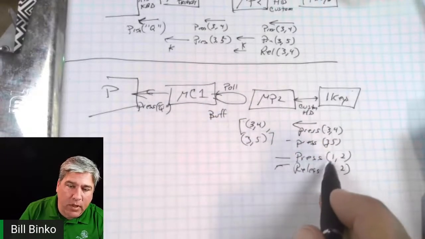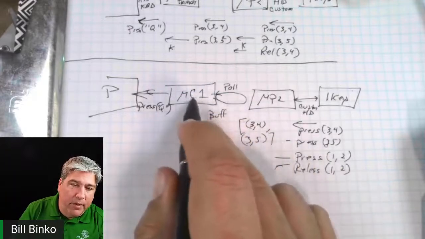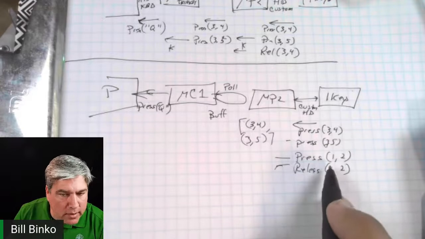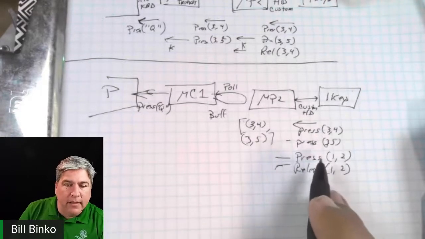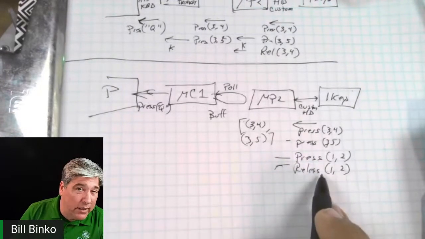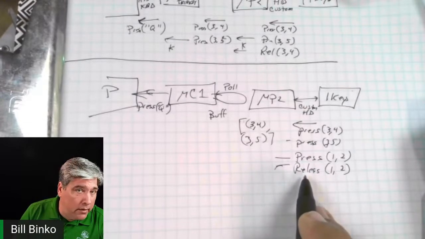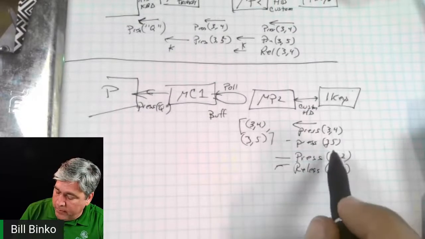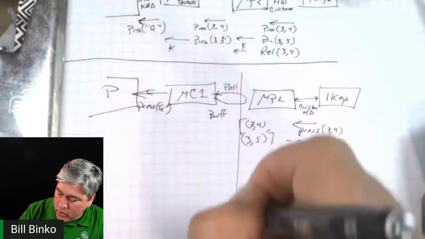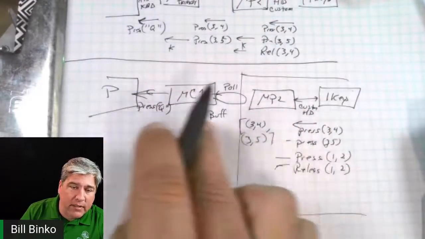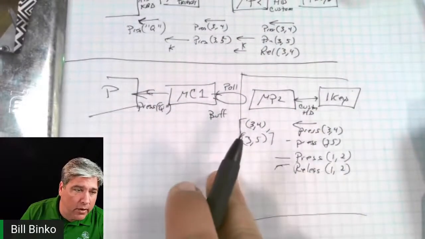It's possible that a press and release can happen and this guy will never see it. But what's not really possible is that a press can happen without a release. And it turns out nobody cares if a release happens and there's no press. Nobody cares. So what this does is it means that we don't have to do the synchronization stuff of trying to keep these guys going at the same speed.